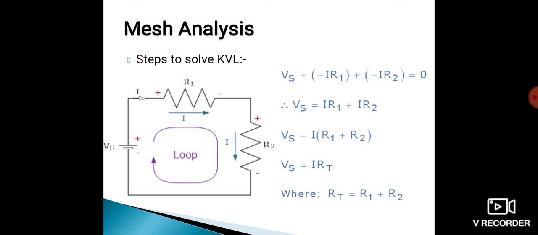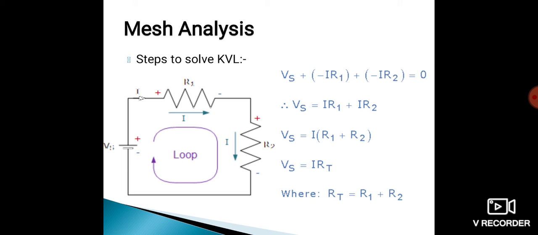The point at which current is entering is represented with the positive polarity, and the point at which the current is leaving is represented with the negative side. So R1 has positive and negative sides, and R2 has positive and negative sides.